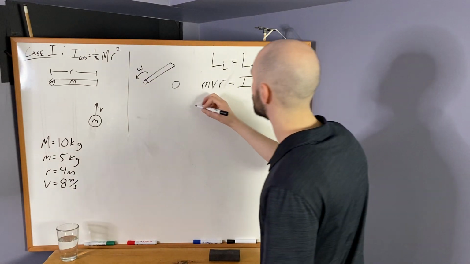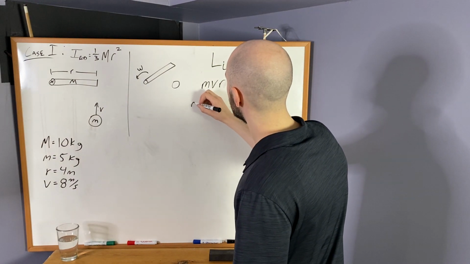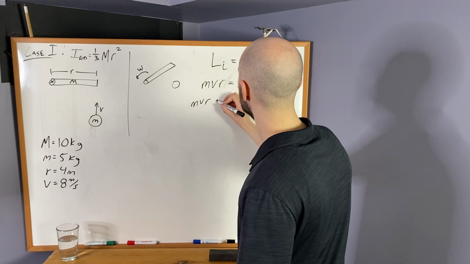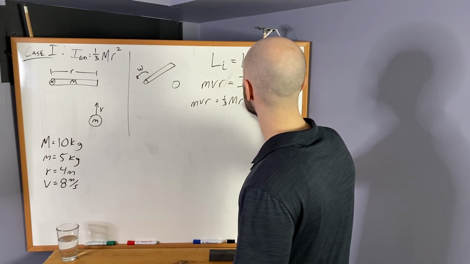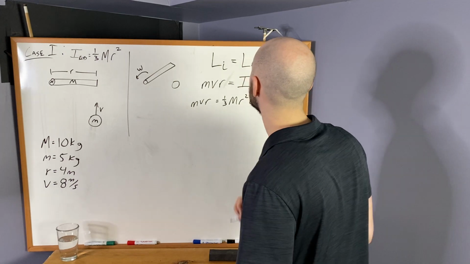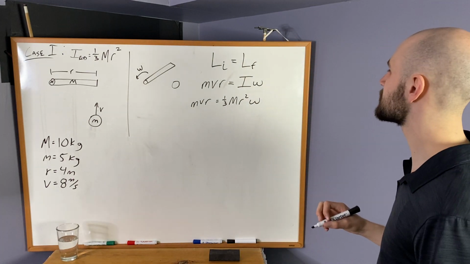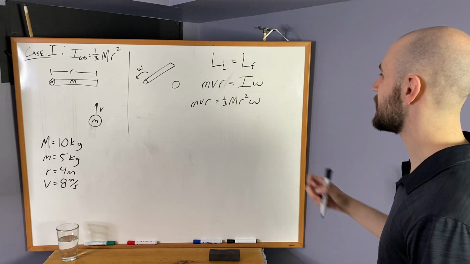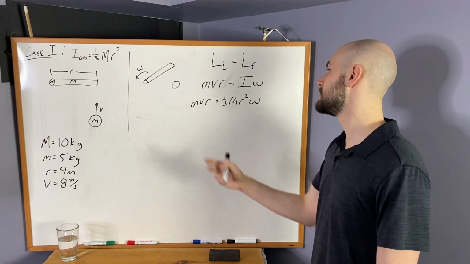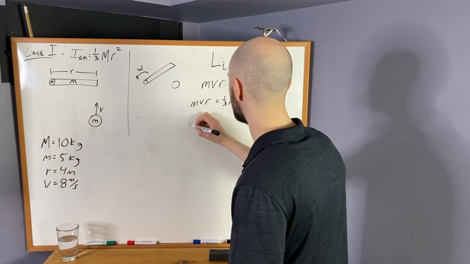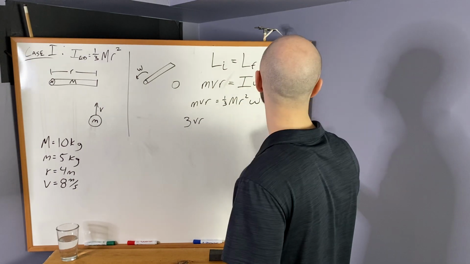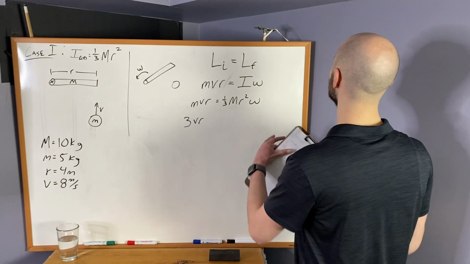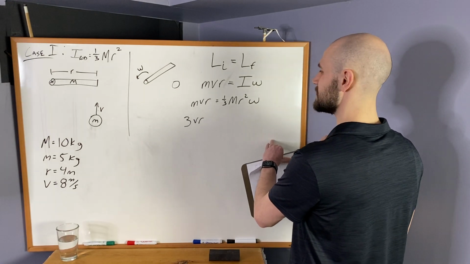It's 1/3 MR squared, so we're going to plug that in. mvr is equal to 1/3 MR squared multiplied by omega. All right, so let's solve for this omega. Moving the third over, dividing through, we'll see that we have an expression of 3vr. Make sure you can work out this algebra on your own, and make sure your paper is a lot less flimsy than mine is.